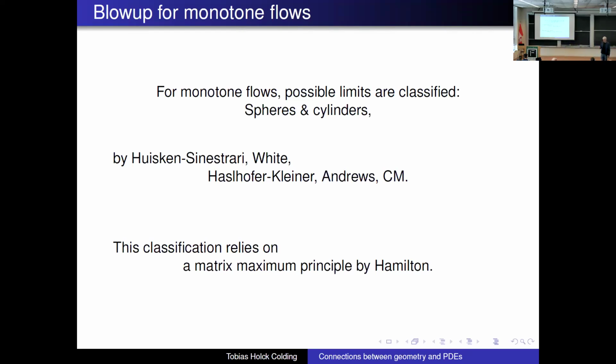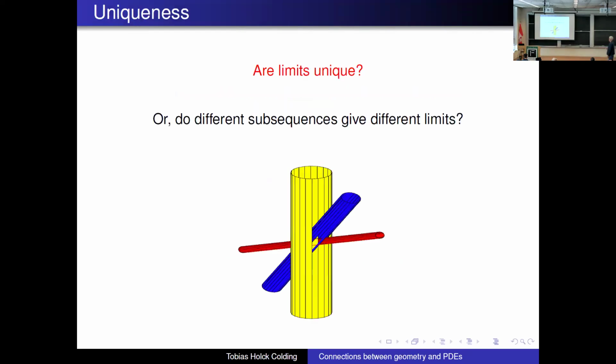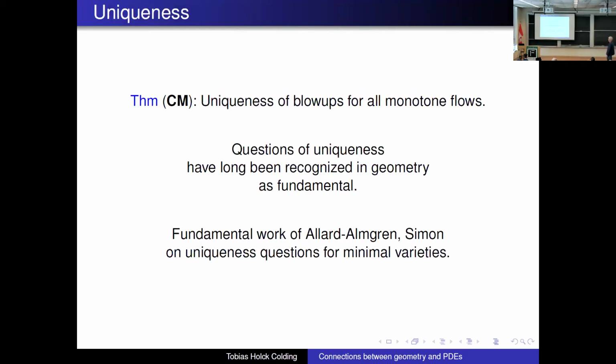This is a well-known problem that occurs across many fields in geometry and analysis, the question of uniqueness of blowups. We proved that if you take a monotone flow and you do this sort of rescaling, then you always get a unique rescaling.